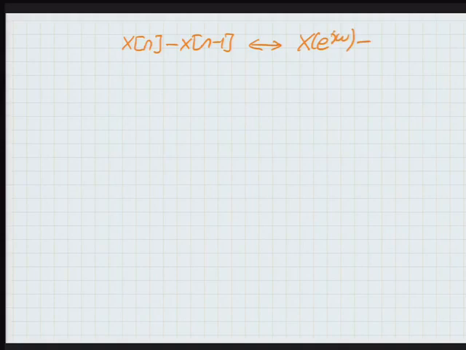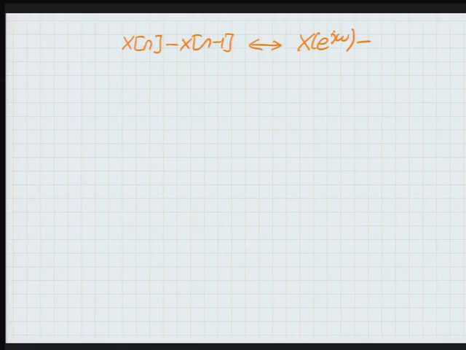So the thing that is closest to that in discrete time would be to look at the difference x of n minus x of n minus 1, right? And that doesn't require any special results, any special properties. That already follows from what we know. Linearity, which says that I can just look at the individual terms and take their DTFTs, and the time shift. So this is a little pop quiz for you on the spot.